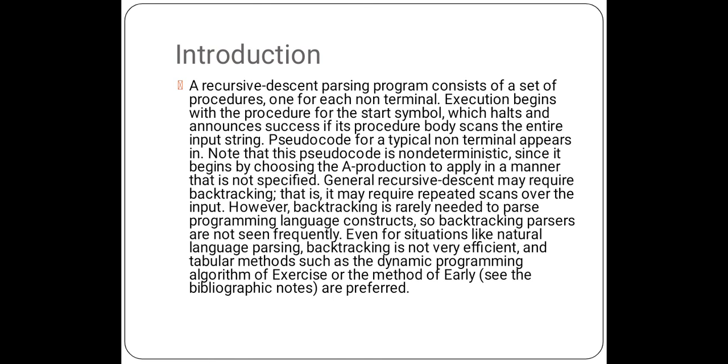So this is one of the key terms that we use in the recursive descent parsing process. Here we use a set of procedures, and we start from the start symbol and move towards the input string, and between the start symbol and the input string we have a number of productions. In these productions we have various conversions: the start symbol to non-terminals, those non-terminals further to other non-terminals, and finally to terminals.